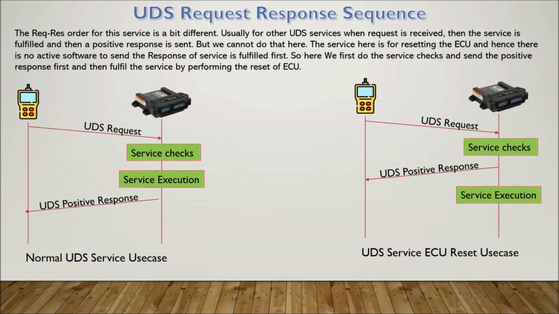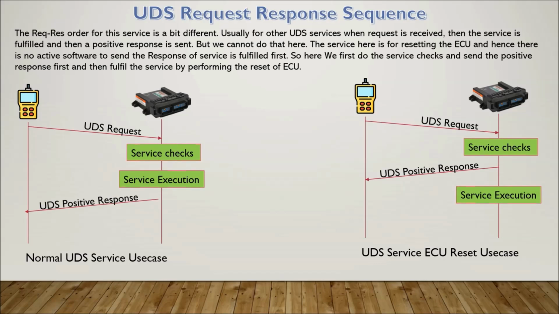The service here is for resetting the ECU, and hence there is no active software available to send the response if the service is fulfilled first. So here we first do the service checks and send the positive response first, and then fulfill the service by performing the reset of the ECU.